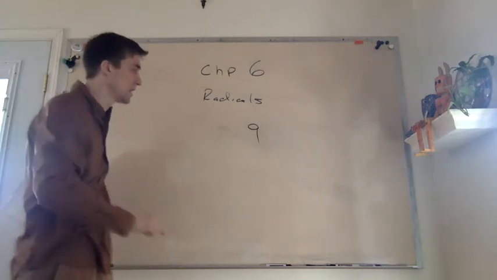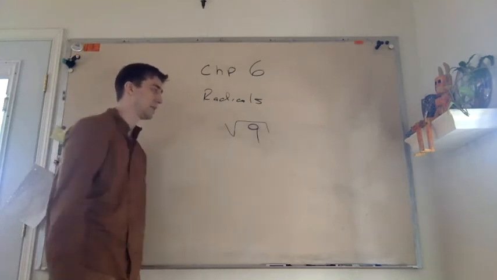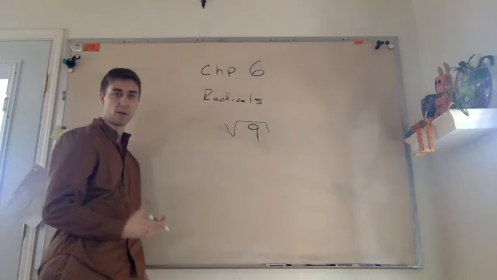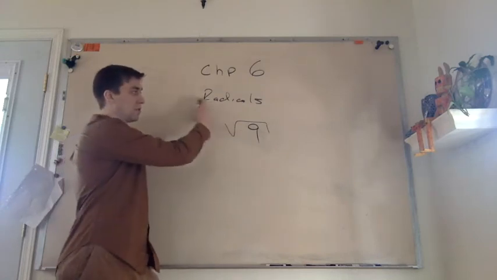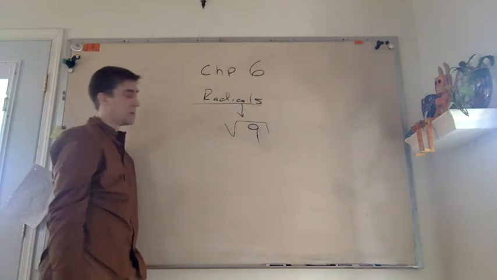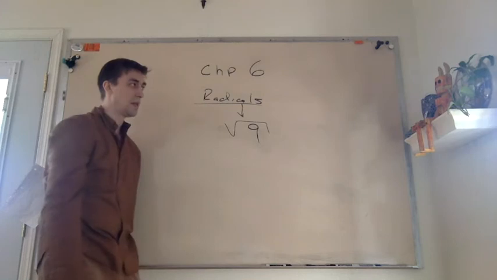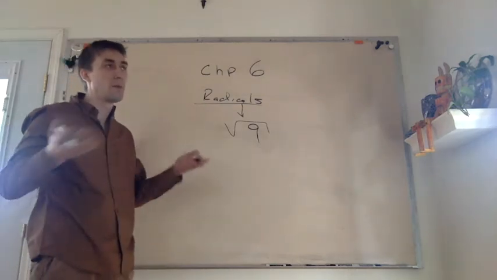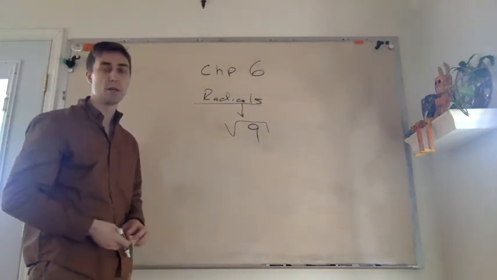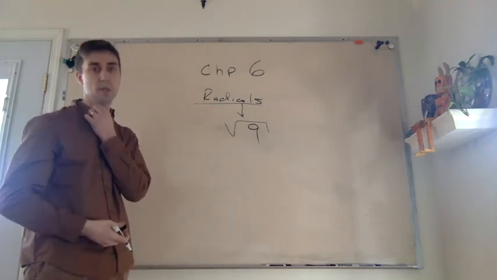So this is what's happened. This symbol has been created, and it is called the square root. I'm sure you've seen this before. All symbols like this are called radicals. This one is the square root. When you see this, we've come to an agreement. Everybody in the world doing math has to be on the same page about what this means.